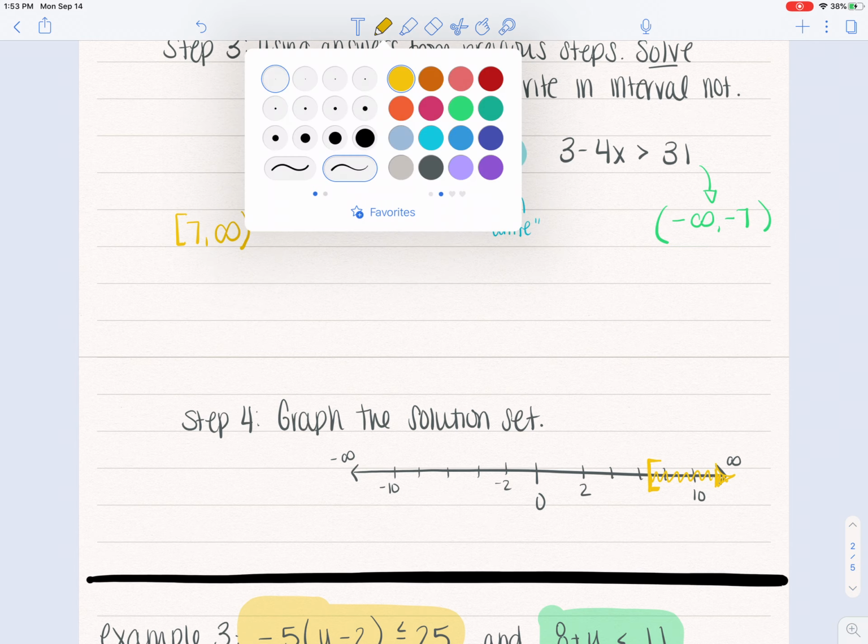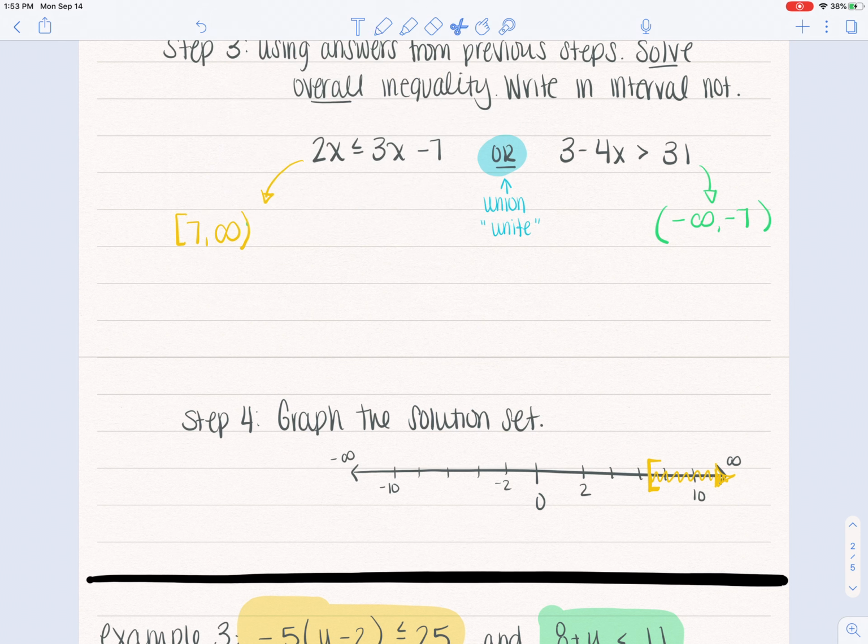And then in green, I'm going to do this second one in green, -7 with a parenthesis going off to -infinity. And so my union, my uniting of the two is going to be both of them together, because or means take both of them.